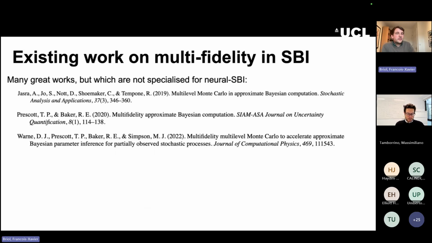Now, there's lots of existing work on multi-fidelity SBI, and most of it has been in terms of approximate Bayesian computation, which is a class of method that has been around for a bit longer. We didn't focus on this, mostly because, when I talk to Nao, he's very enthusiastic about the newer methods.